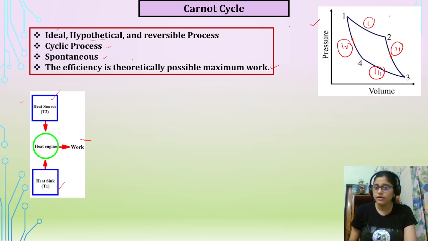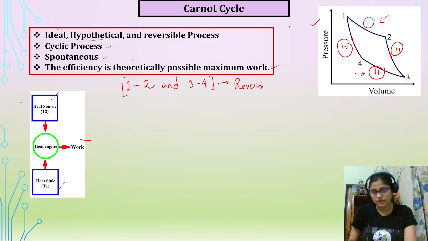So we can write 1 to 2 and 3 to 4 are isothermal reversible processes, and 2 to 3 and 4 to 1 are adiabatic processes.